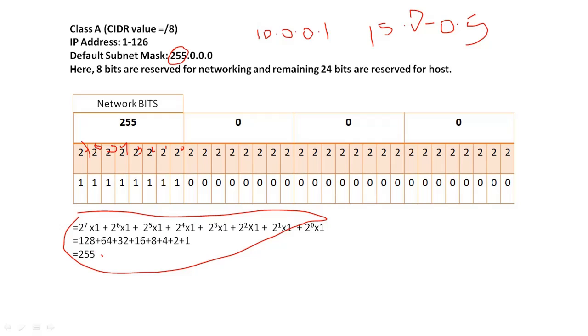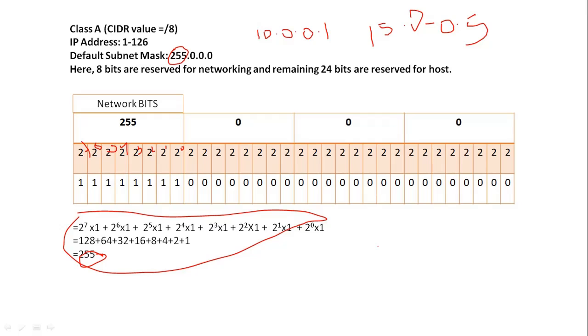In that way we get 255. That's why the subnet mask became 255.0.0.0. If you calculate the other value, it will be 0, because you multiply 2 to the power 7 into 0, it will be 0. 2 to the power 6 into 0, it will be 0. That's why the value will be 0, 0 and 0. So this is the Class A IP.